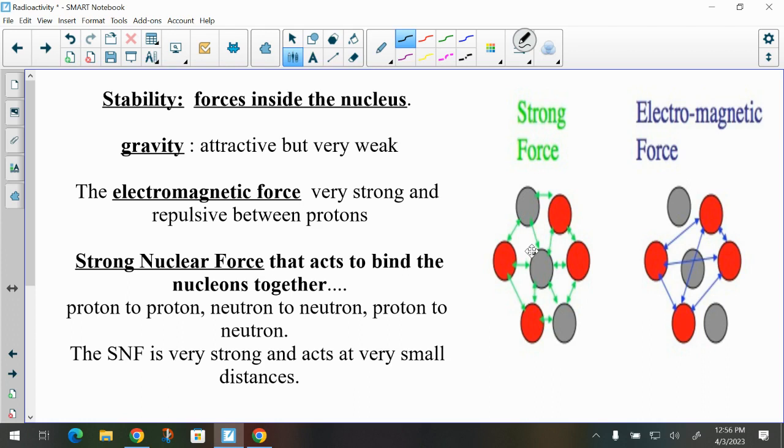And they made up the force called the strong nuclear force. And it's actually there. The strong nuclear force is very, very strong, and holds all the nucleons together. It actually interacts between protons and neutrons: protons and protons, neutrons and protons, and neutrons and neutrons. It's a force between the particles inside the nucleus. And that's enough to overcome the repulsive force of the electromagnetic force. Gravity is relatively weak. It doesn't really contribute much.